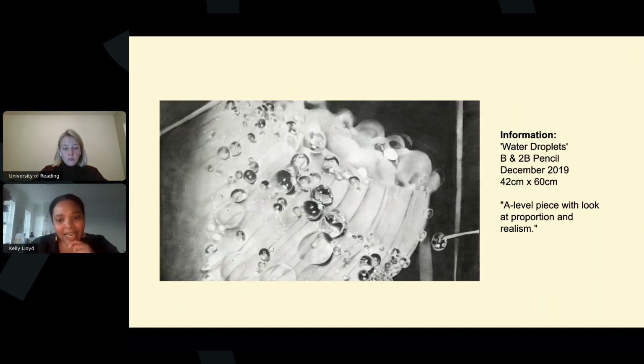And then again, more work that is abstracted, even though you still see what it is. It's really useful for her to write that it was an A-level piece, so we know it's in relationship to her coursework, and also, like water droplets, the titles are really important to indicate what we're looking at as we're looking through your slides.